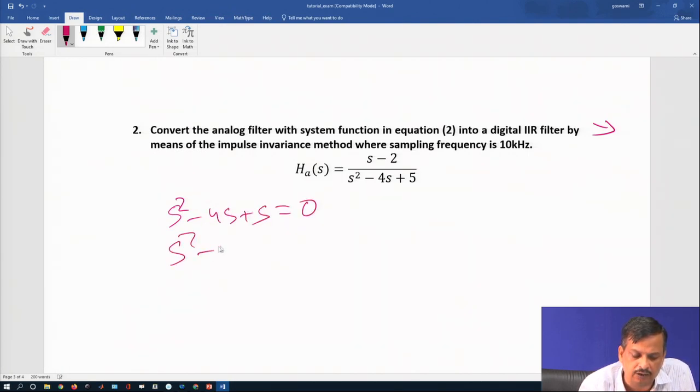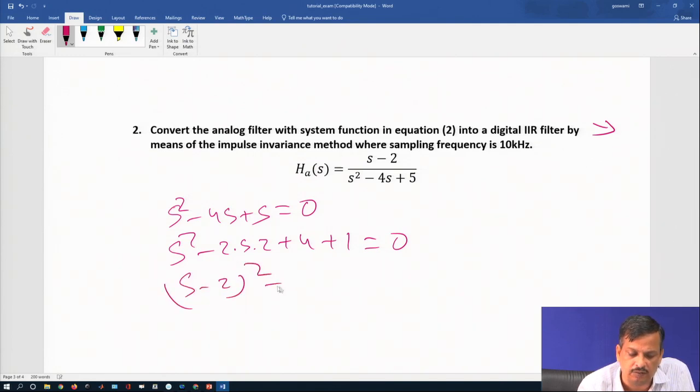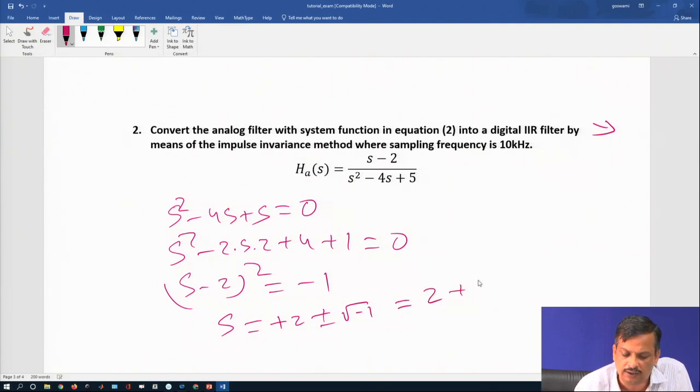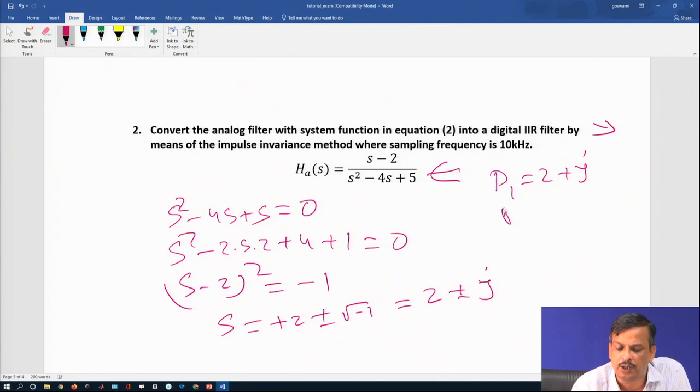So s square minus 2 into s into 2 plus 4 plus 1 equal to 0, so s minus 2 whole square is equal to minus 1. So s is equal to 2 plus or minus root of minus 1, which is 2 plus or minus j. So this system has two poles, P1 equal to 2 plus j and P2 equal to 2 minus j.